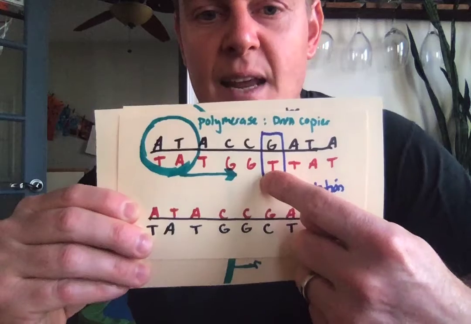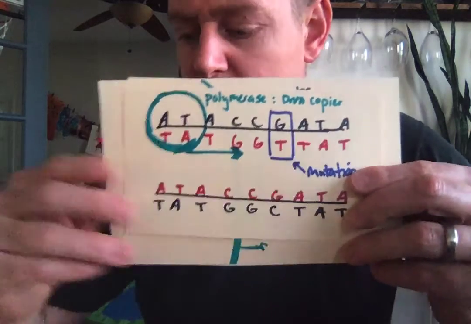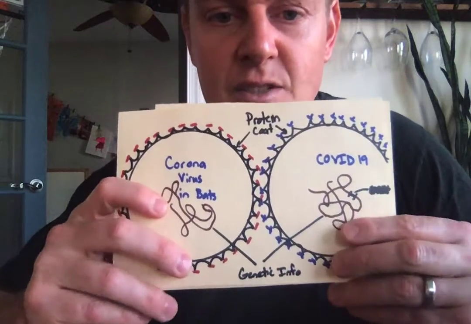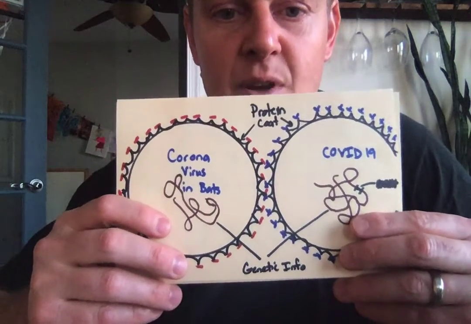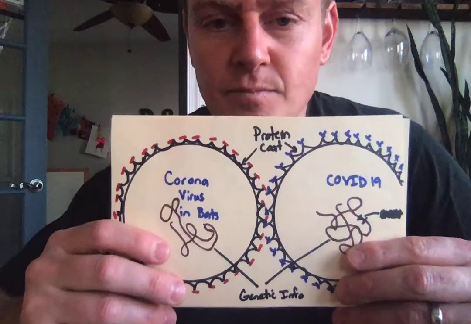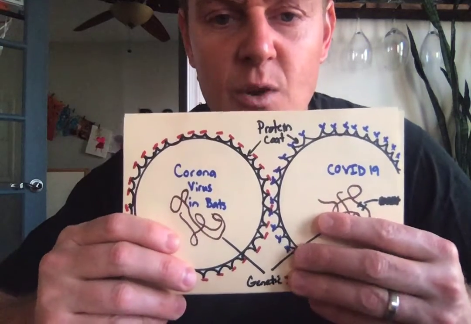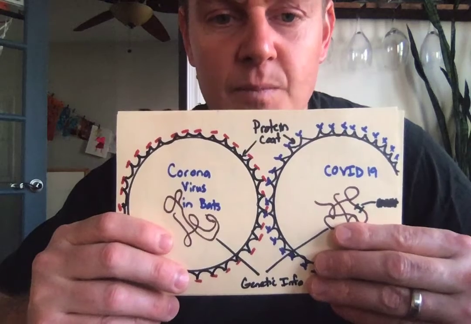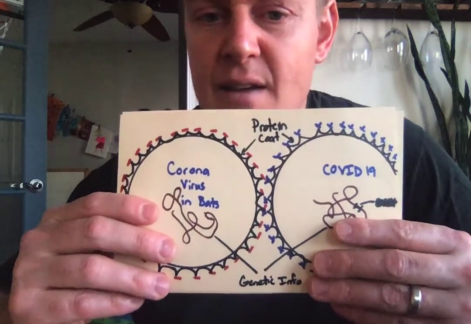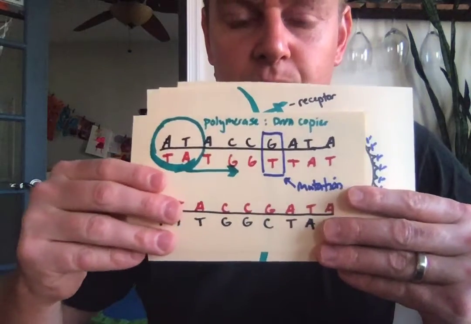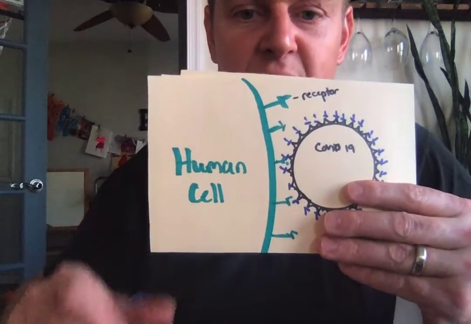So when there's a mistake that's made in the code, that changes a trait. Sometimes the trait leads to death, okay? Because almost always, when the code is changed, it changes the structure, which is not good for the organism, okay? But every now and then, what happens is this code is changed, so it provides an advantage.